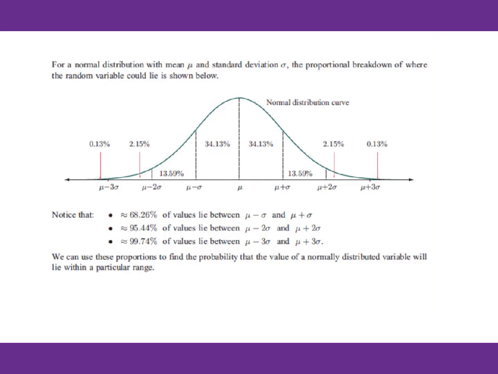Let's talk again about this normal distribution curve. From mu minus sigma to mu plus sigma, this is the area. Altogether will be 68.26%.